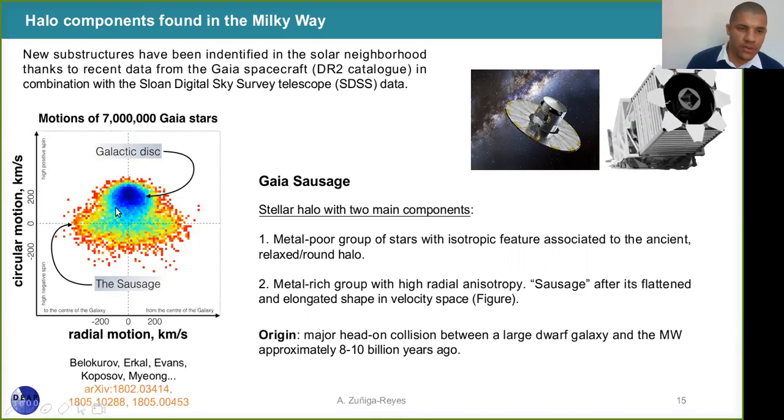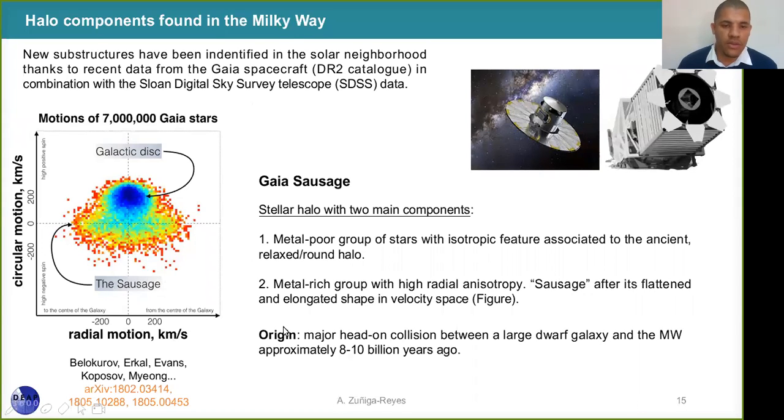This means that the stars are not rotating, but they are moving in a very radial direction. This group of stars belongs to this structure that was coined the Gaia sausage because of the shape that you can see in the figure, flattened and elongated like a sausage.